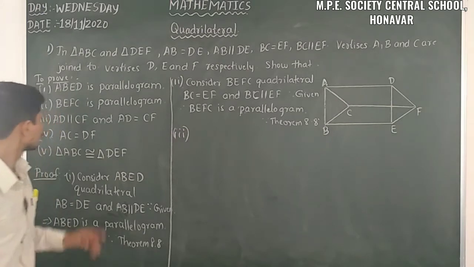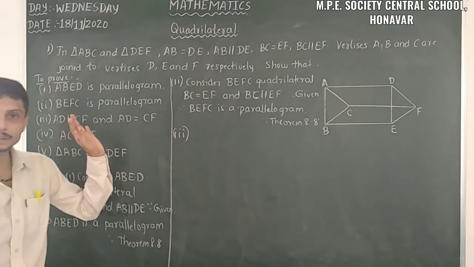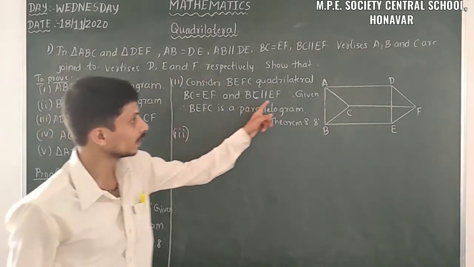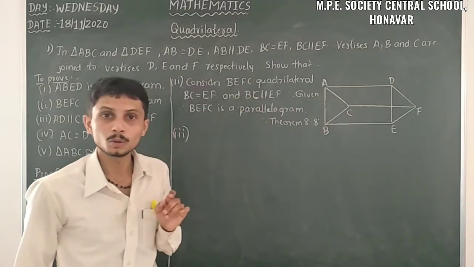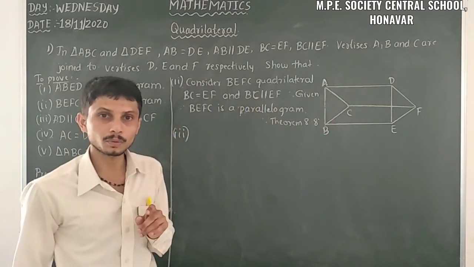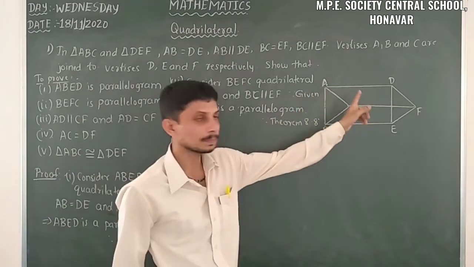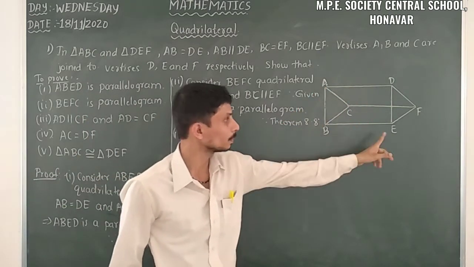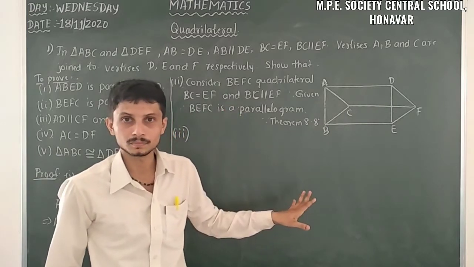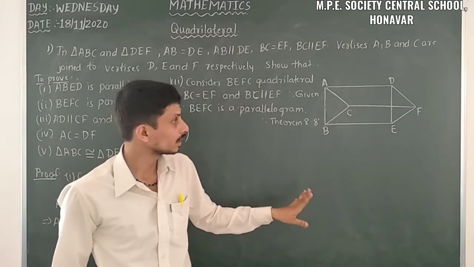Here we have to prove AD is parallel to CF and AD is equal to CF. Can we prove that? Just observe, when we consider the ABED parallelogram, AD is equal to BE, we already have.